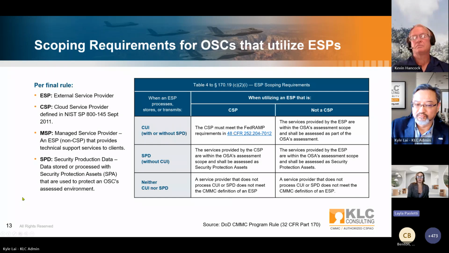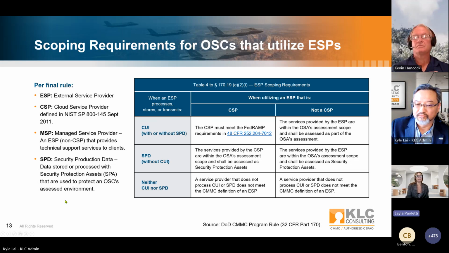Going to the right here, if you are a managed service provider that's not cloud service, again, those services that you provide within the OSA's assessment scope are assessed as security protection assets.